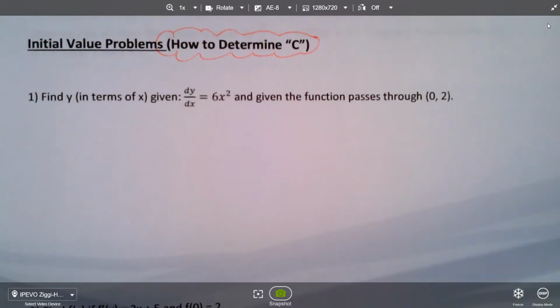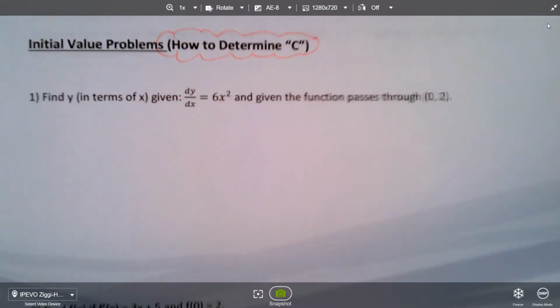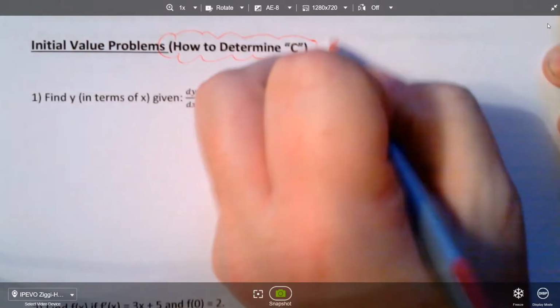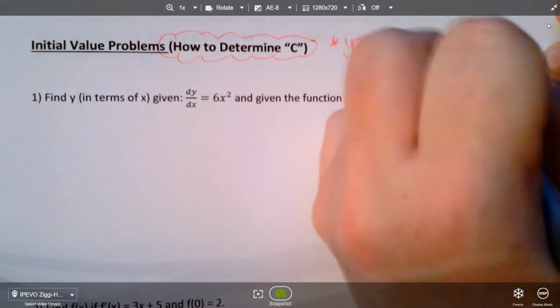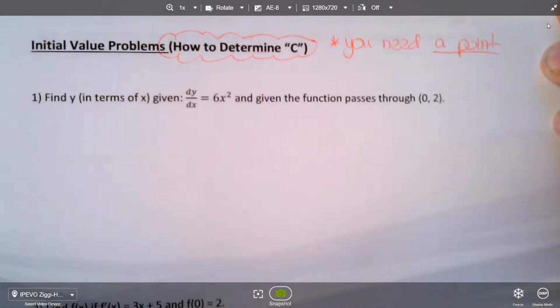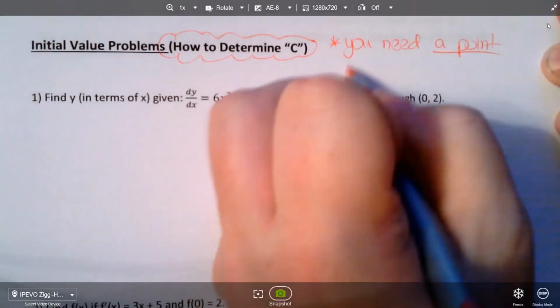So how do we find C? Sometimes people call these initial value problems. That makes it sound like you have to have a starting value, and that's not really what it's about. Basically, if you want to find C, you need a point, just a point on the curve.